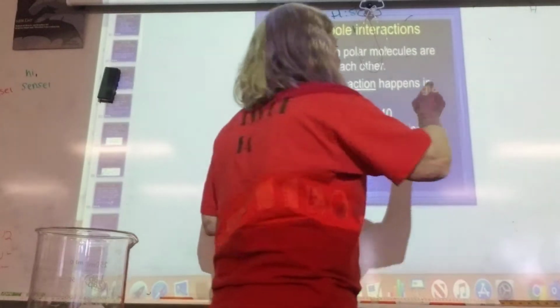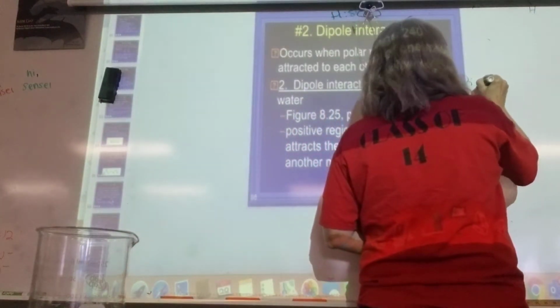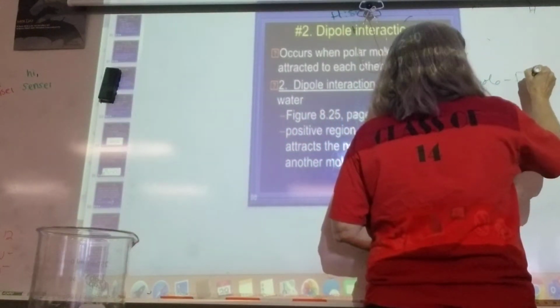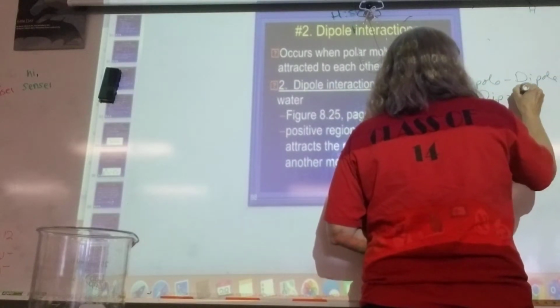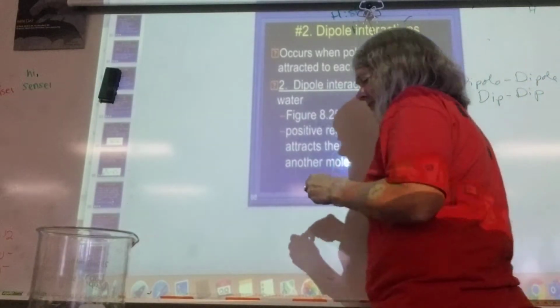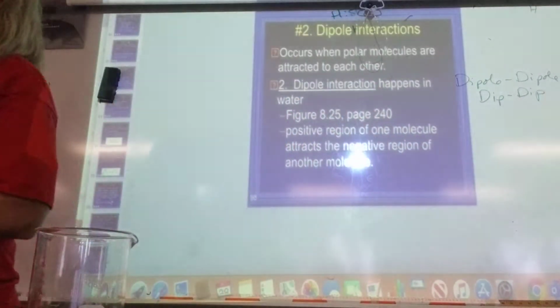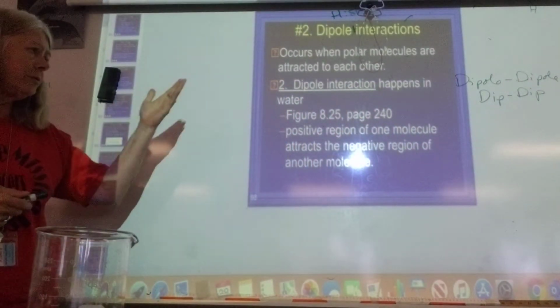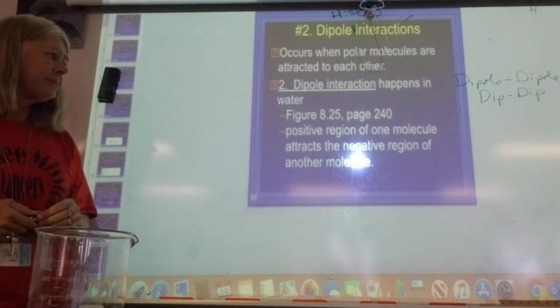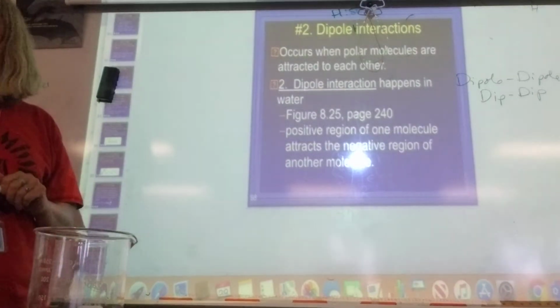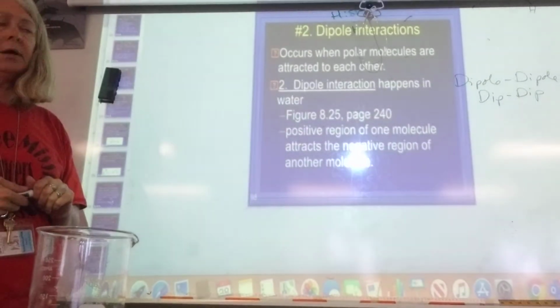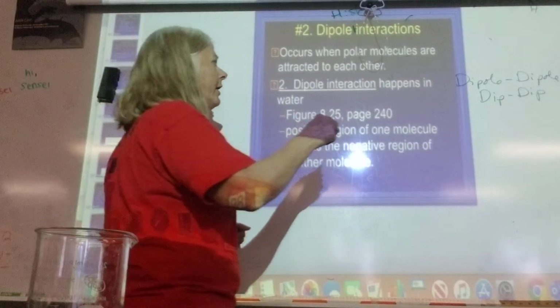Dipole, and I usually call these still, just from the olden days, dipole-dipole. And yes, I am nerdy enough just to abbreviate those dips. So when I call it dipole-dipole, that's what you'll see me write, is when we have a polar molecule. So it's when I have polarity.